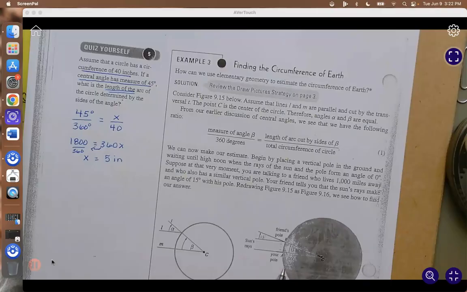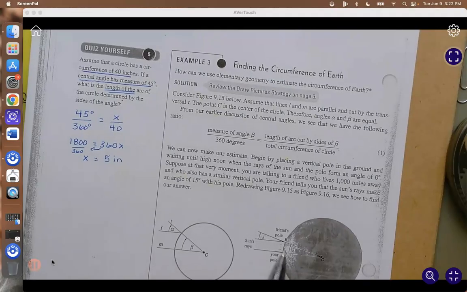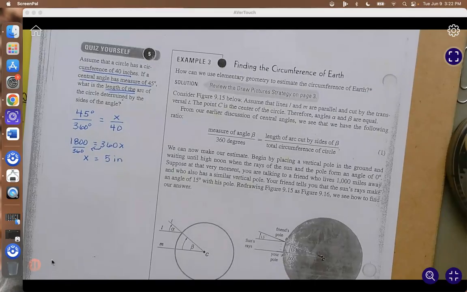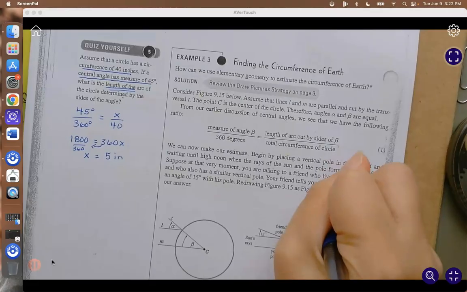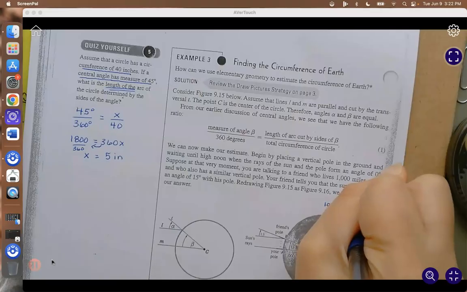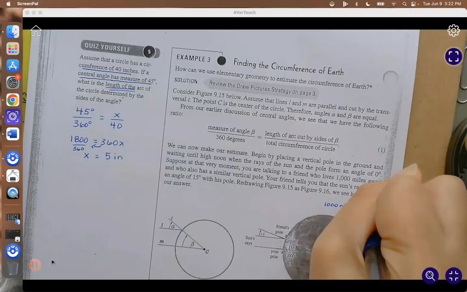Now look what they said. The distance between us is 1,000 miles. So what do we know this time? We know that the 1,000 miles is our arc length.